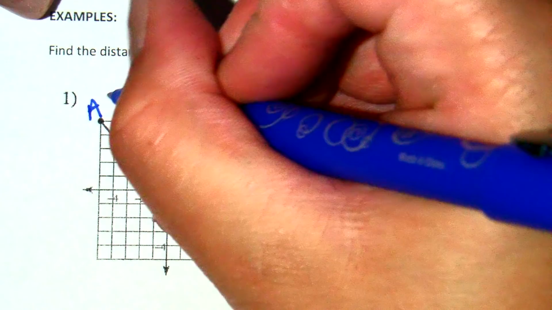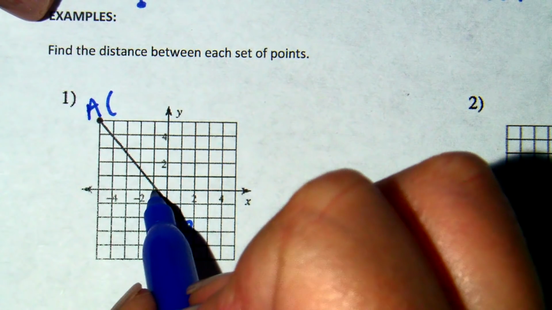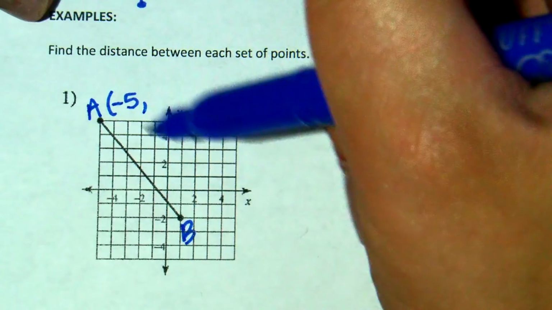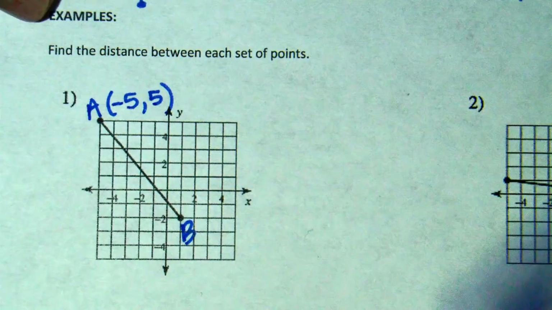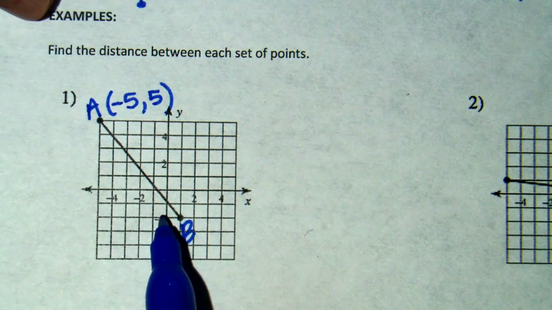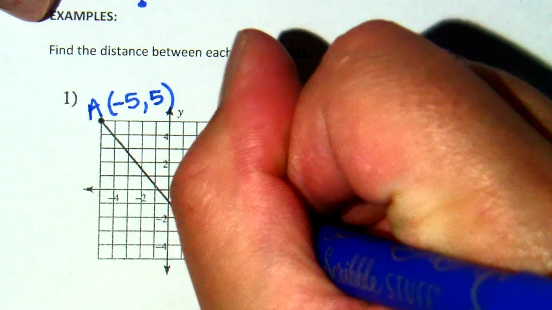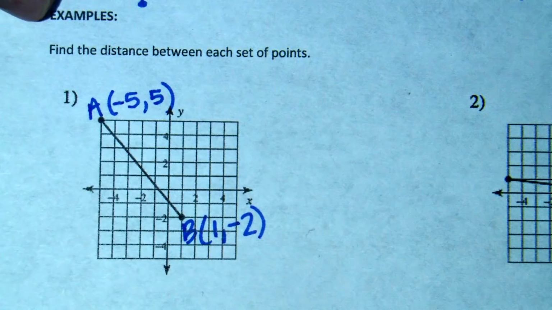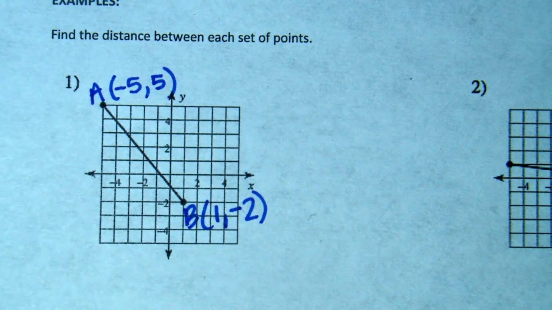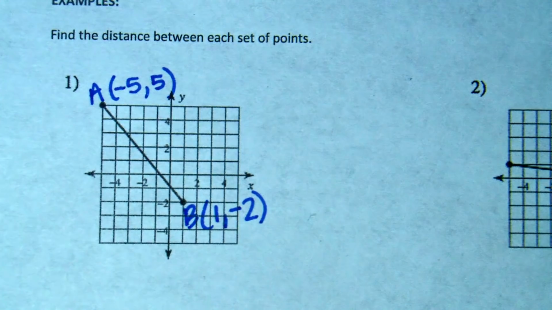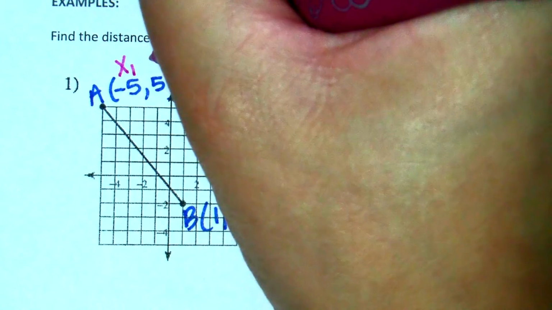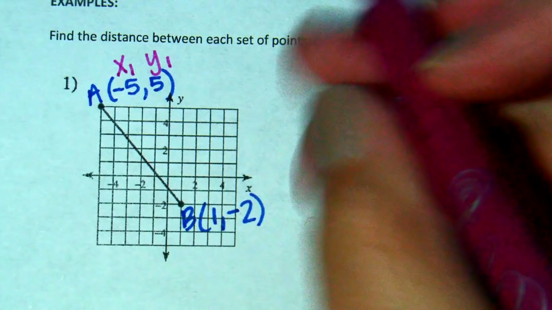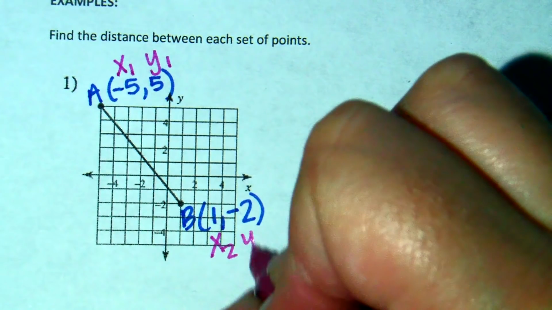Coordinate A, if I go -1, 2, 3, 4, 5, is -5, up 5, and B has a coordinate of 1, -2. Now going back to our formula, A is x1, y1, and B is x2, y2.